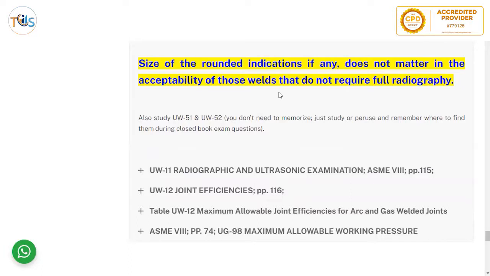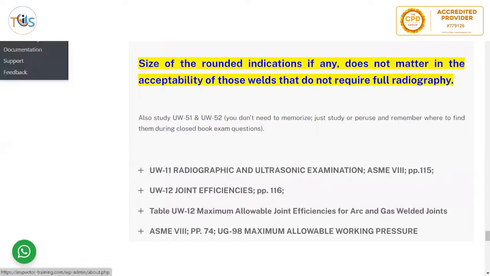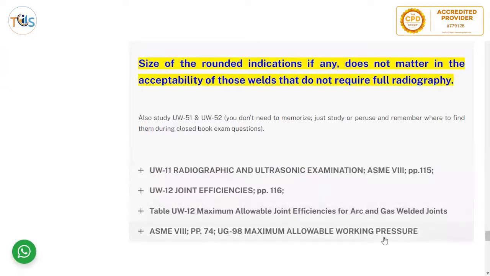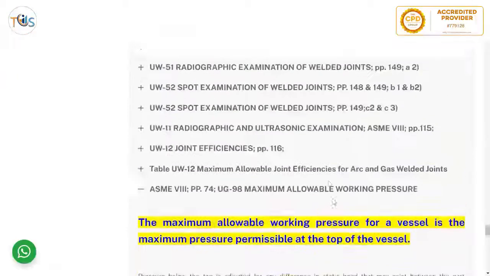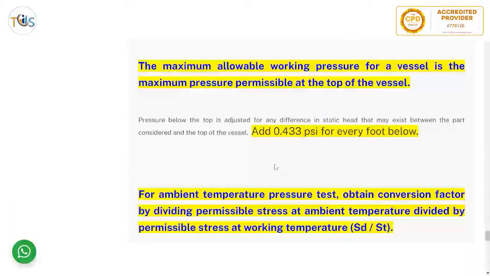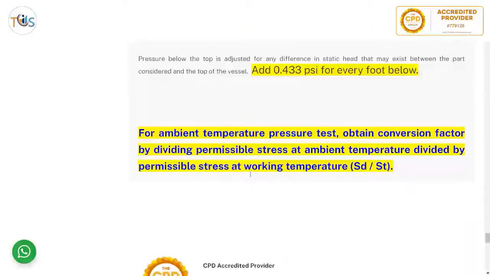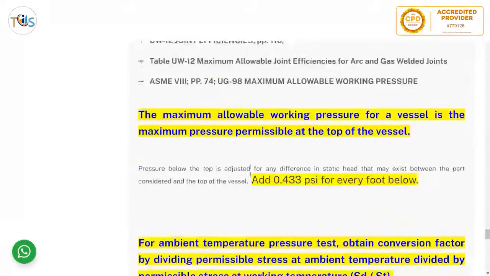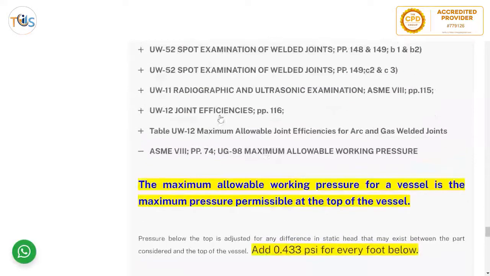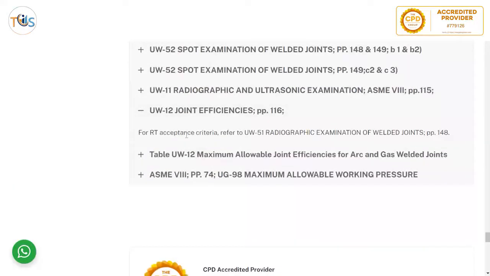Now, if it is not full radiography, the size of rounded indication doesn't matter, however big the size is, if it's spot radiography. And then the last one, I think we talked about all this. Let's see, RT acceptance criteria.